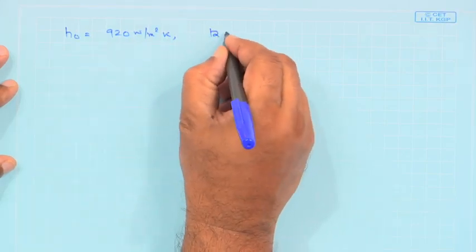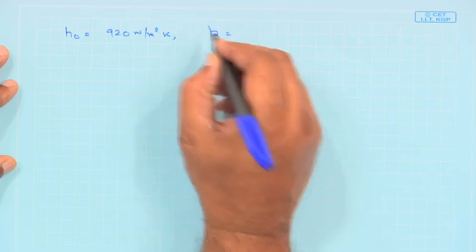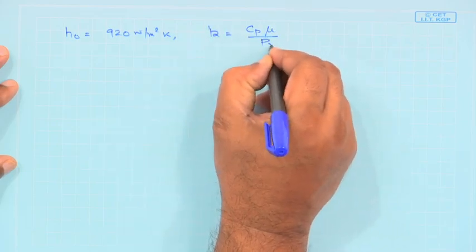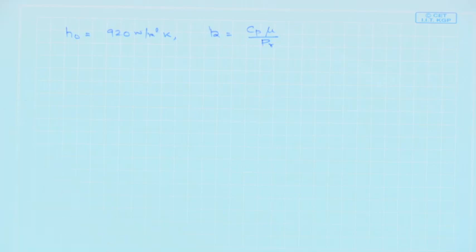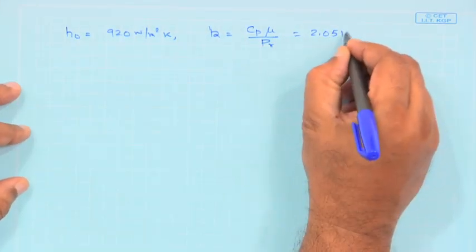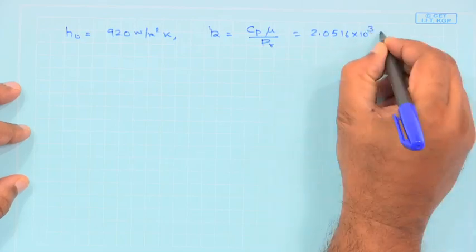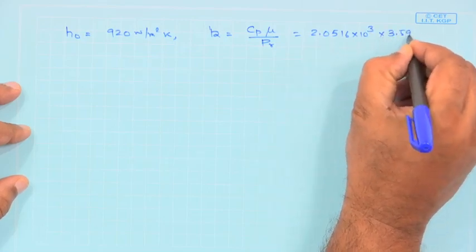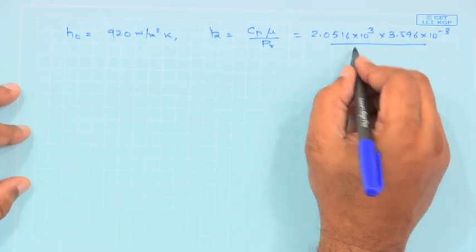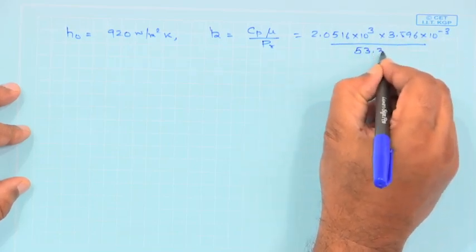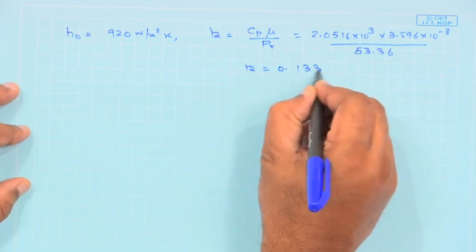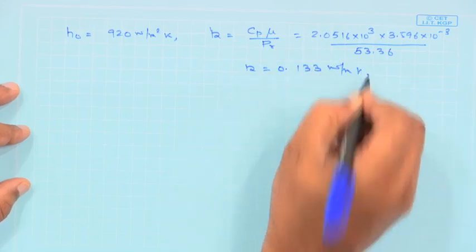The thermal conductivity K of the crude oil would be obtained from the known value of the Prandtl number. Simply by putting the values of Cp, mu and Prandtl number, one would be able to obtain K to be equal to 0.133 watt per meter Kelvin.